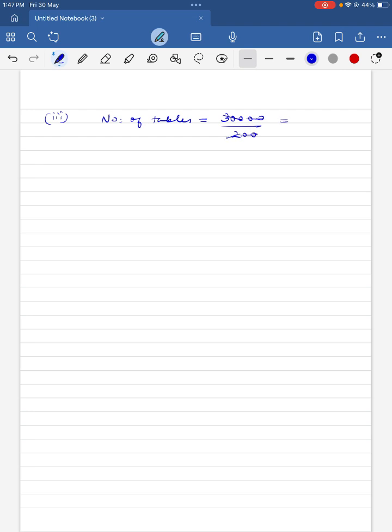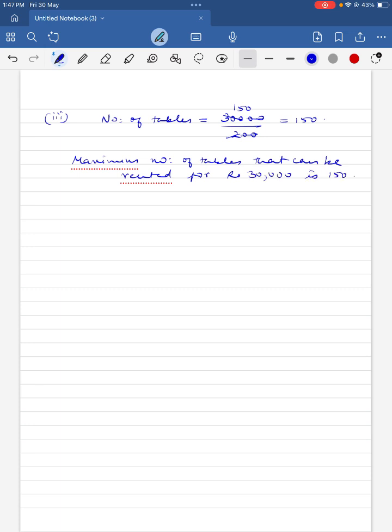Okay, so that will be 150. So maximum number of tables that can be rented for rupees 30,000 is 150.